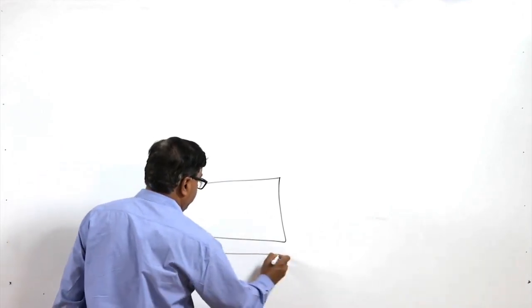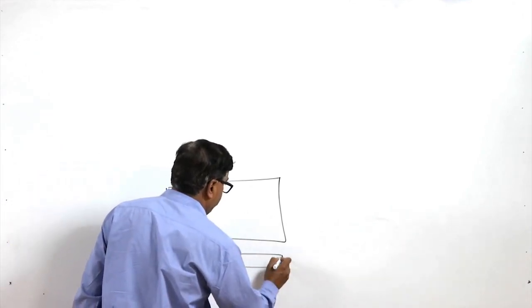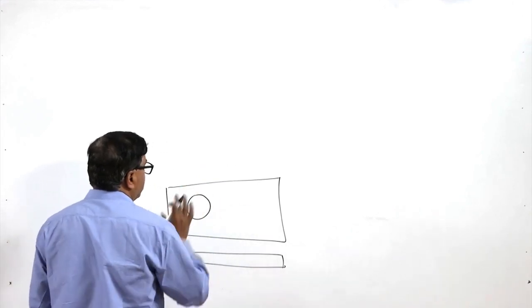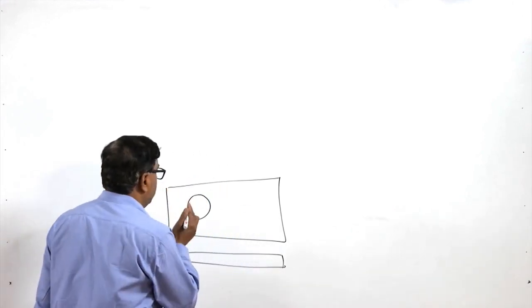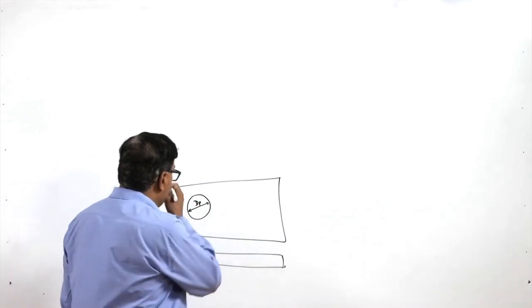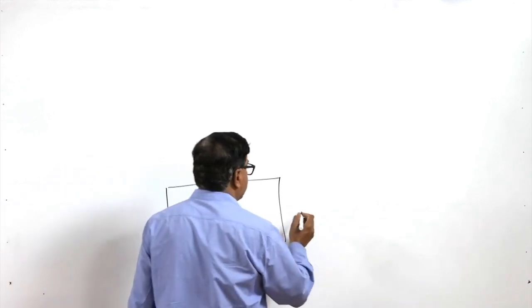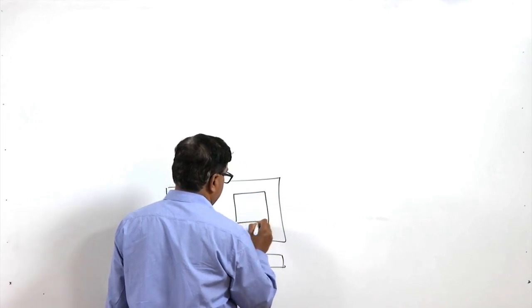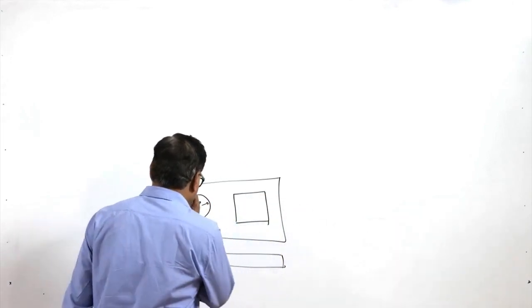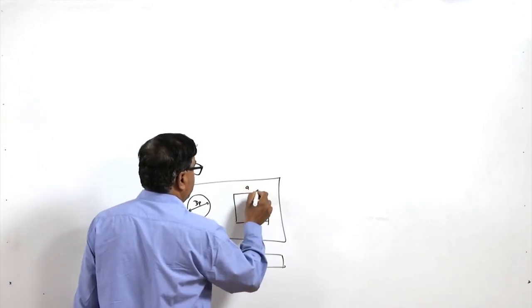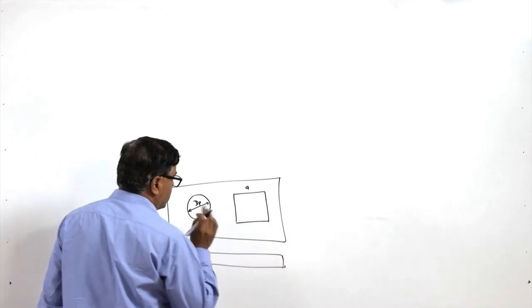In the front view we will see the strip in this form, and if we use a punch of a particular diameter, say d p, the hole of this size is created, and if the punch is of square size, say size A, then these are the two cases.